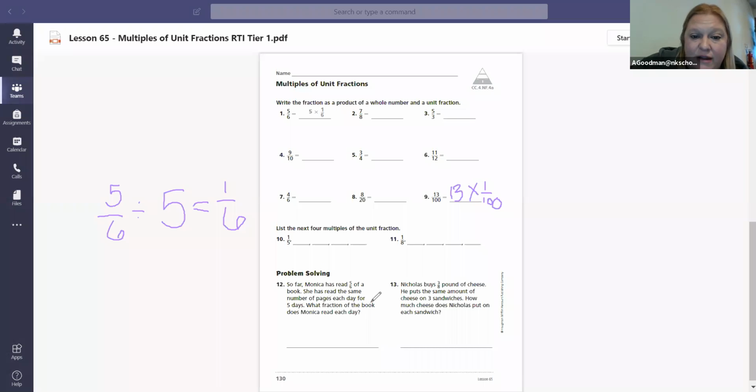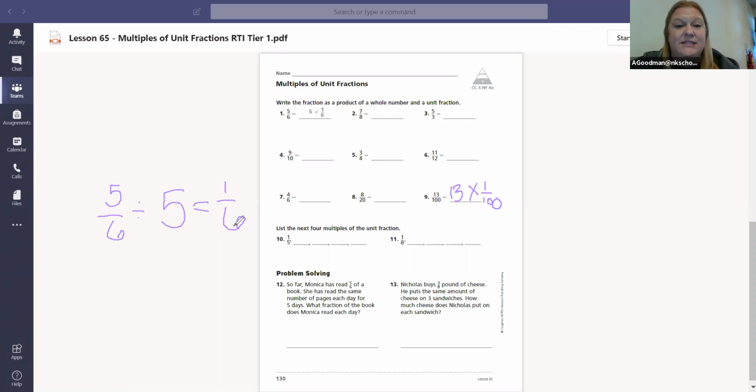So what fraction of the book? I hope that makes sense. So 5/6 divided into 5 equal groups, because we have a 5 here and we're dividing it into 5 equal groups, that makes it easy to divide this fraction. If it said 7 right here, that's like a whole other way of dividing fractions. So we have 5 of those 6 and we're dividing them into 5 equal groups.